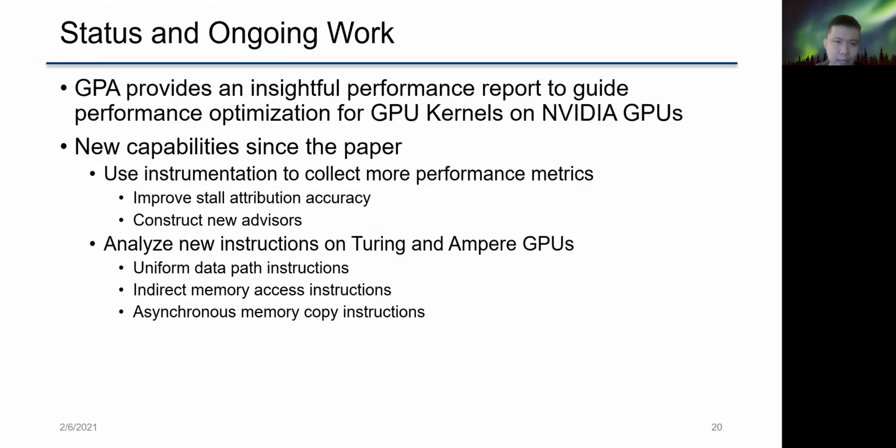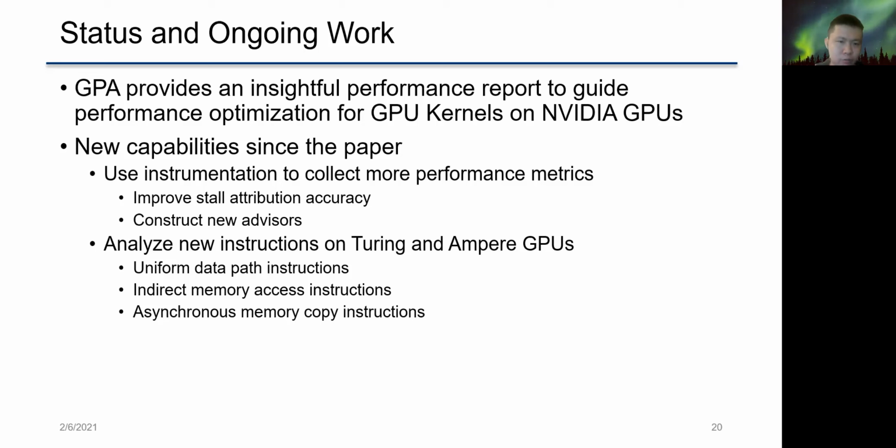In a word, GPA is a tool that provides insightful performance reports to guide performance optimization for GPU kernels on NVIDIA GPUs. We also developed new capabilities since the paper. Now GPA can use both instrumentation and instruction sampling to collect performance metrics.